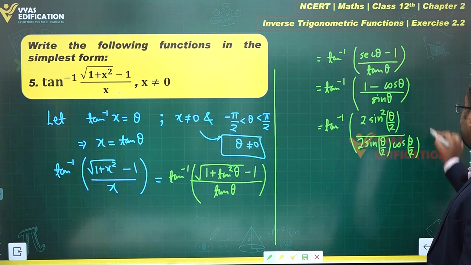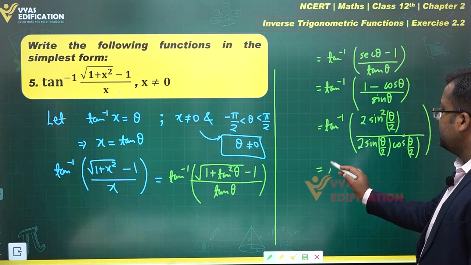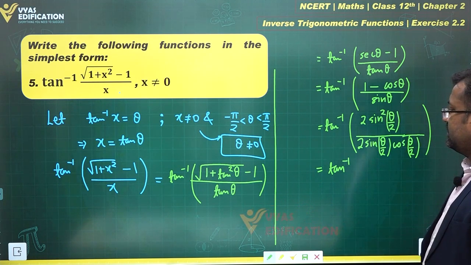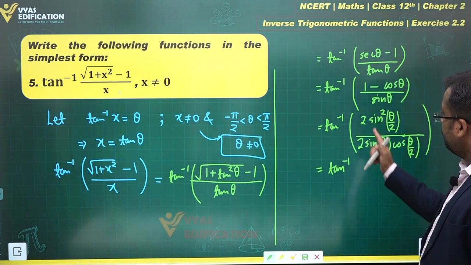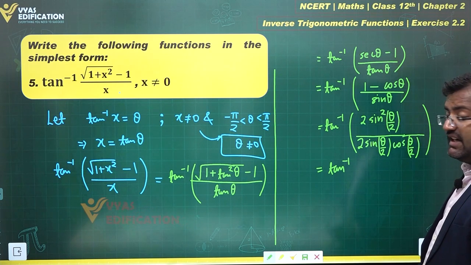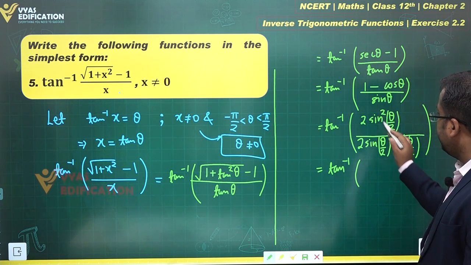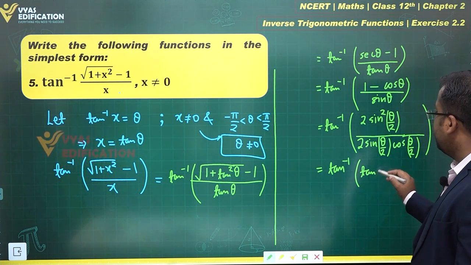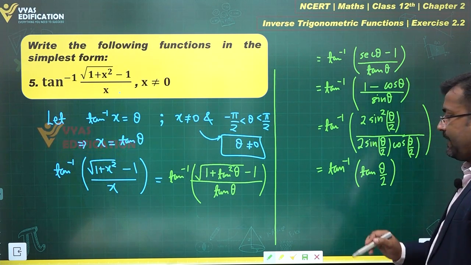Okay. So therefore, tan inverse, 2 gets cancelled, sin theta by 2 gets cancelled, and what you get is sin theta by 2 upon cos theta by 2, which is actually tan theta by 2.